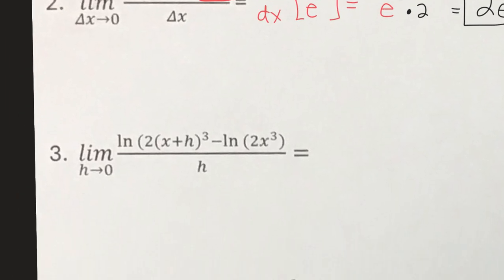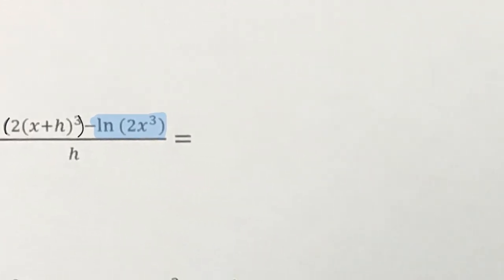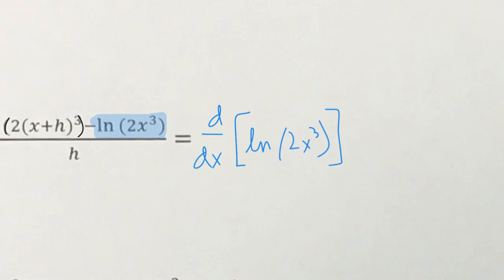So on this third one, what is the function that we're taking the derivative of? Natural log of 2x cubed, right? It's pretty easy once you recognize what this is asking you to do. This is saying take the derivative of natural log of 2x cubed.